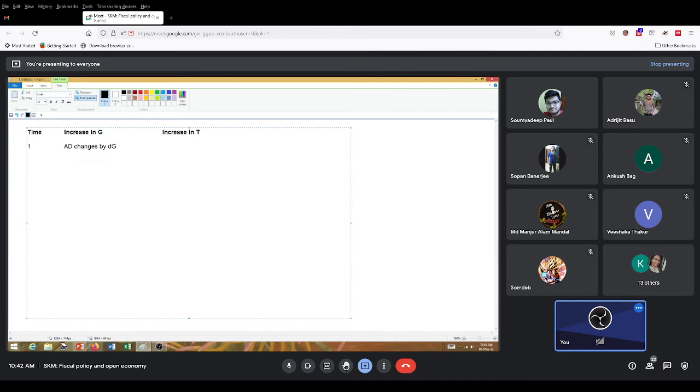So let us say that I'm the government, I place an order for 1000 rupees. So what is the increase in aggregate demand? 1000. On the other hand, let us say that your taxes are increased by a certain amount, let us say 1000.